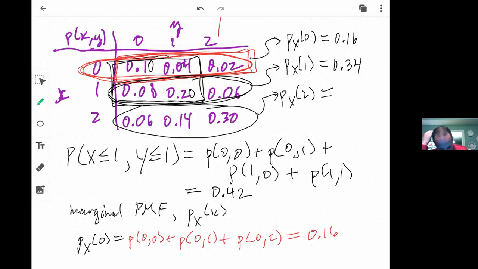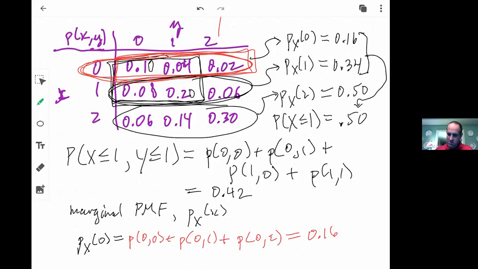Is it? Yes, it is. The last question they asked us was, what is the probability that x is equal to or less than 1? That's gotten by adding these two things together, so that's going to be 0.50. There you go.